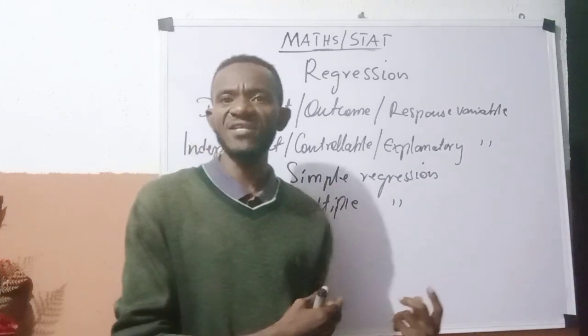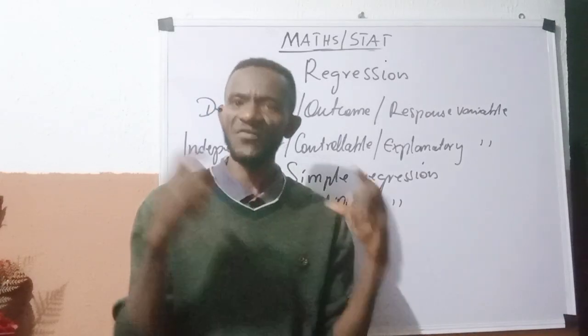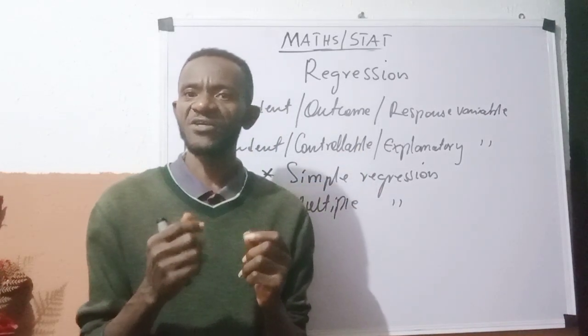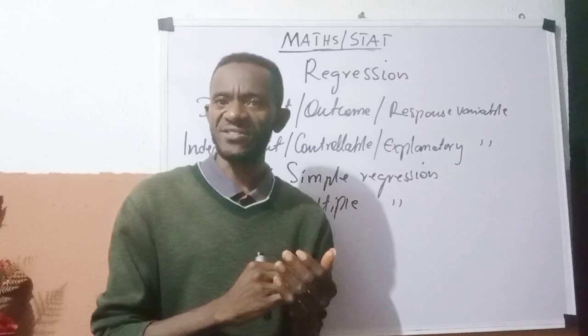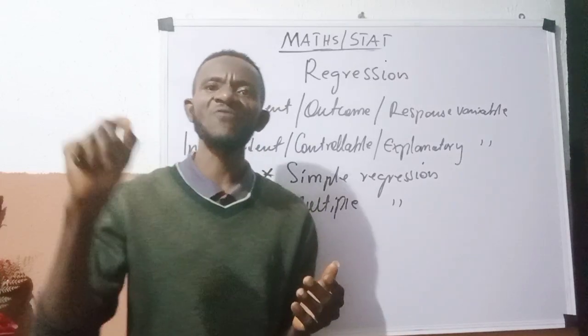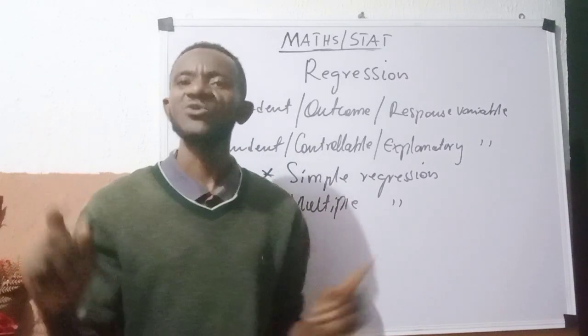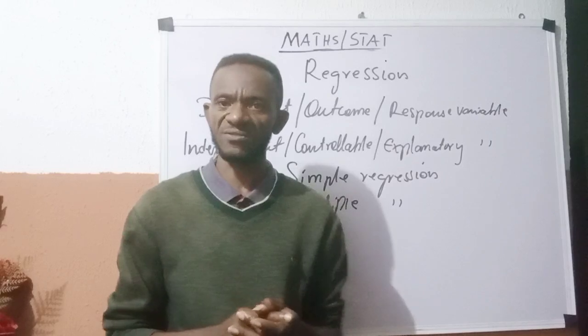Like we earlier explained in the scenario of the performance of a student, if you are looking at the performance of students based on the number of hours of study alone, you are talking about simple regression.